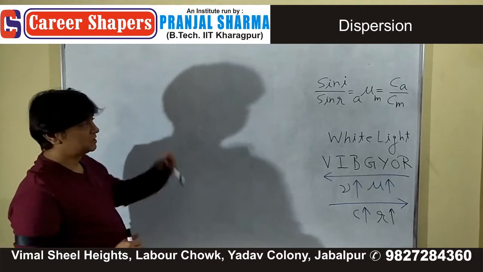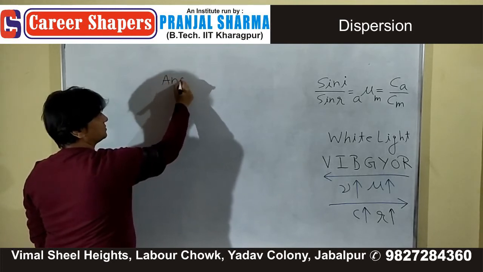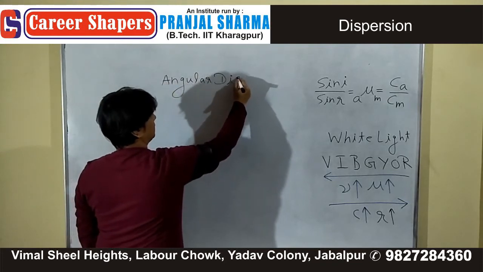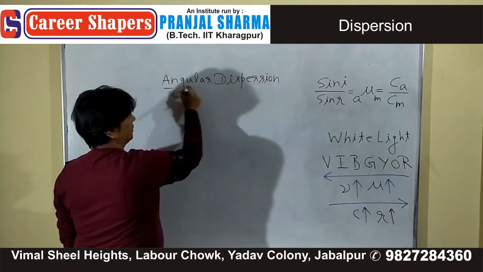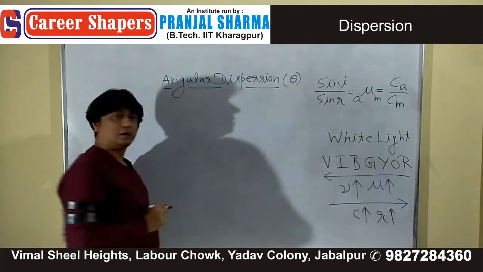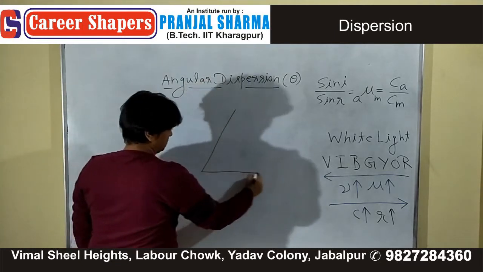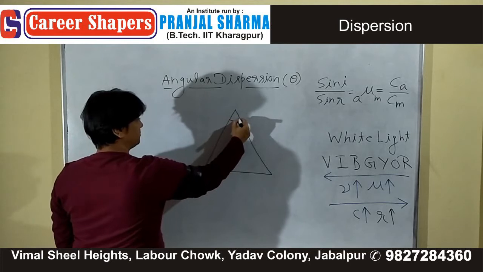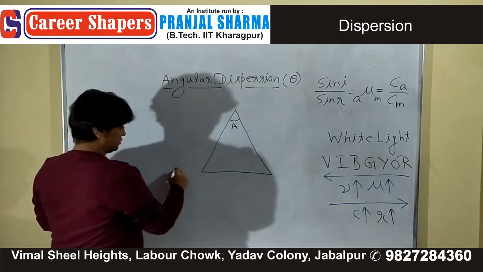We have seen why dispersion takes place. Then comes angular dispersion, theta. This is the prism. Angle of prism is A. White light enters into the prism.